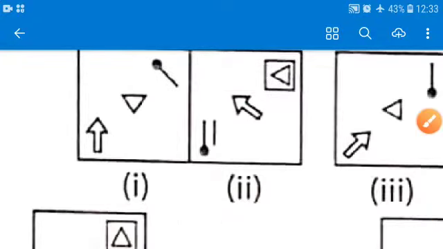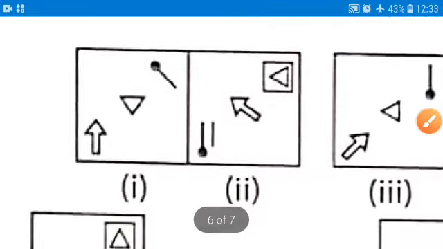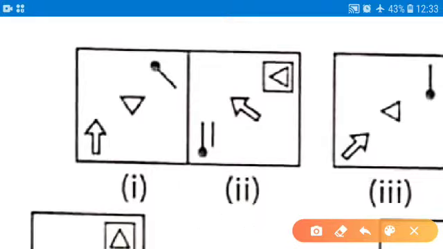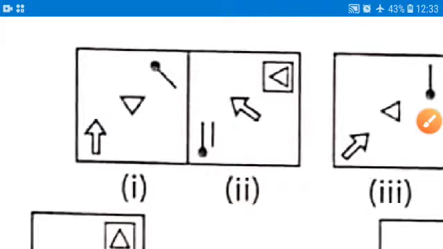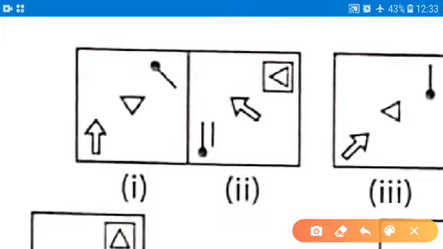Look here, the first element is rotating 45 degrees, like this it has become like this, so it is 45 degrees, and this triangle is rotating towards 90 degrees. Check here, is this 90 or not?